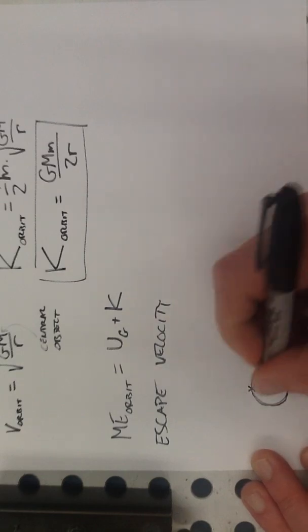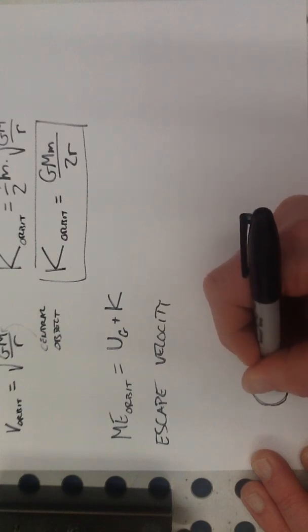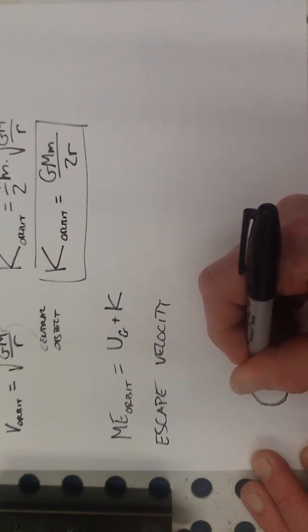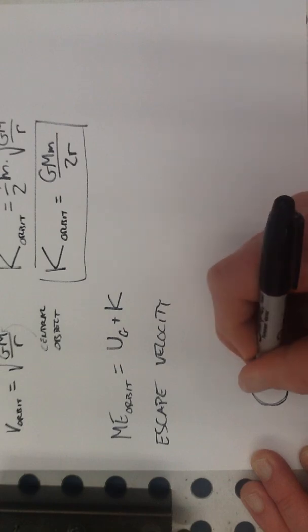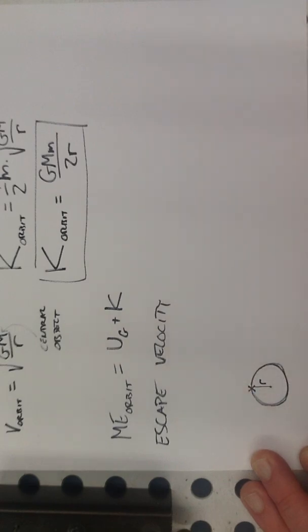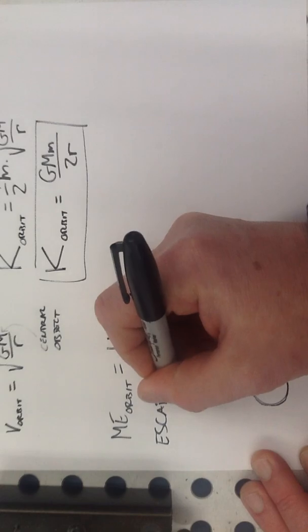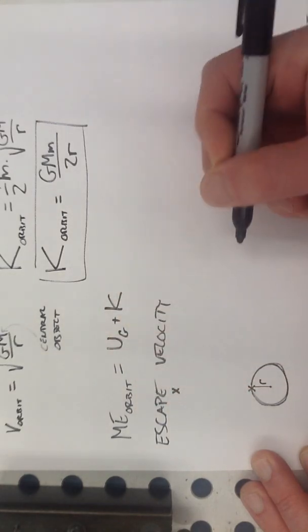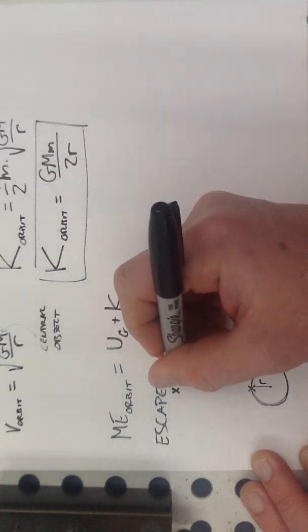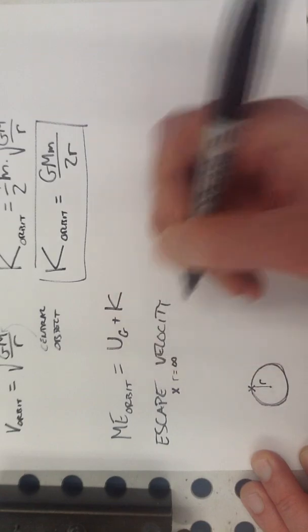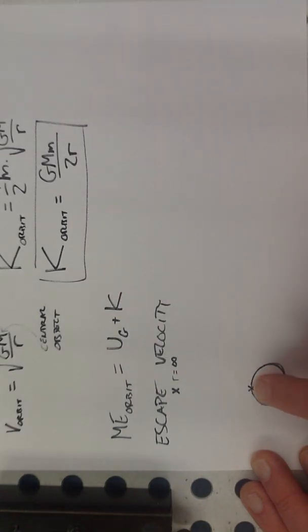So from the surface of some planet, you're already at some distance r, right? So from there to here, where r is infinity. In other words, what velocity would something have to have so that it could make it to infinite separation, so it could separate itself forever from this? What is that minimum velocity to just barely get there?